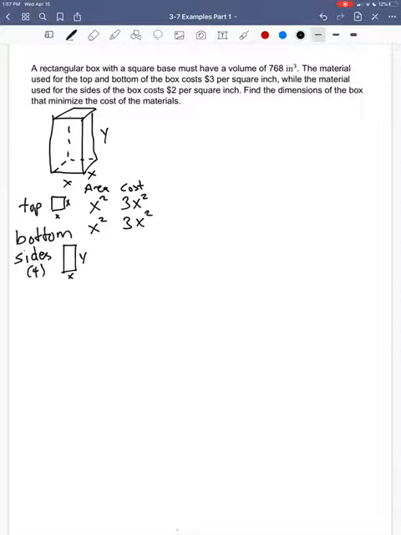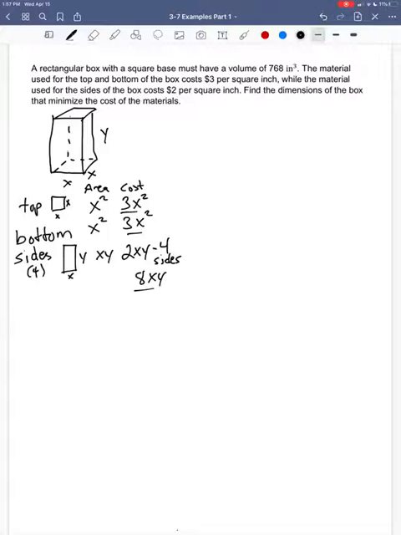The area of one side is x times y. The cost is only $2 per square inch, so it would be 2xy, but then I would have to multiply by 4 sides, so I would get a total cost for the sides of 8xy. So I have 3x squared, and 8xy.